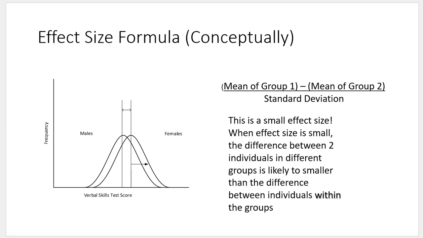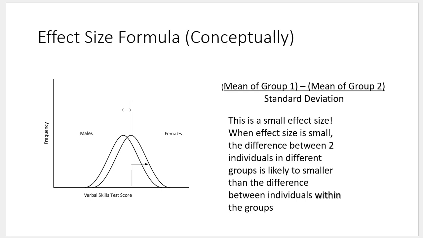So here the difference in the means is small and the standard deviation is broad, so this is a small effect size. So when the effect size is small, the differences between two individuals in different groups is likely to be smaller than the difference between the individuals within the group.